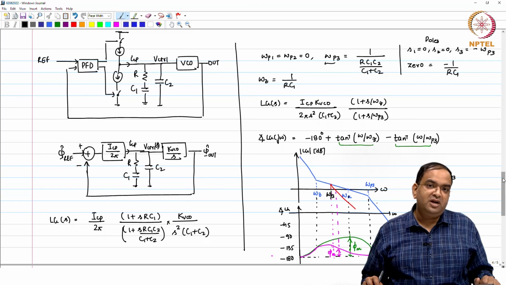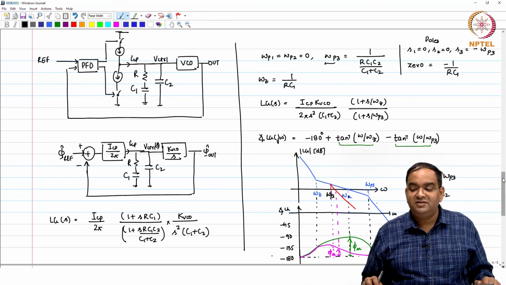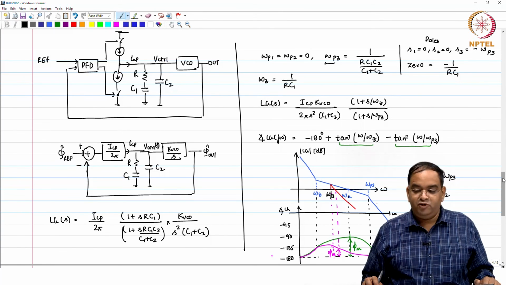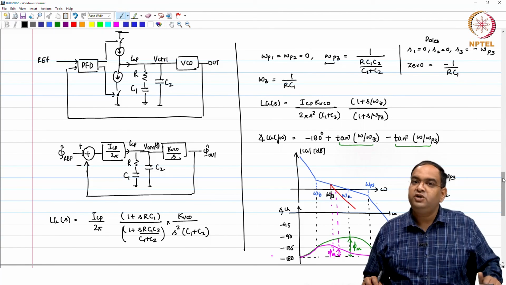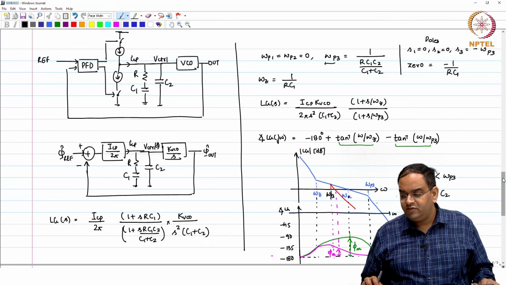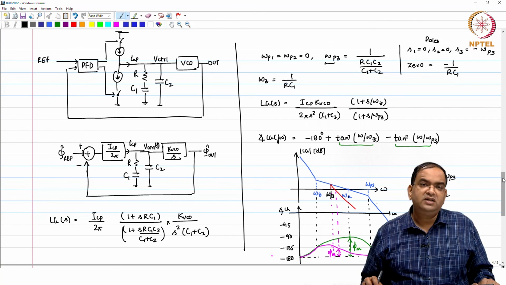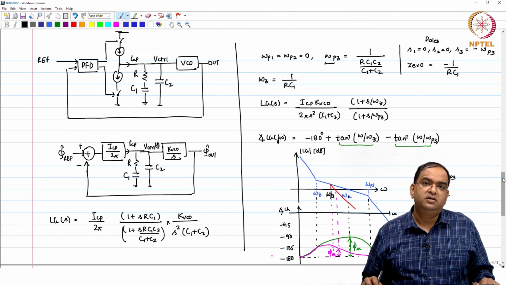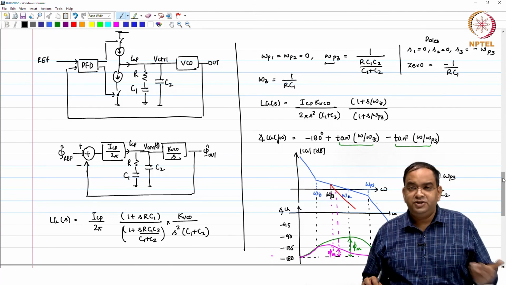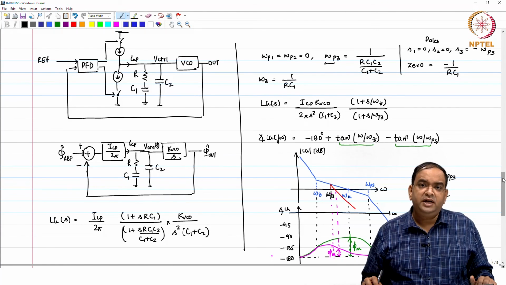Well, we will not have a PLL which is unstable. So, we will try to make it stable with desired phase margin. But if you do not pay attention, if you just use C2 with a very large value, then your phase margin is going, phase margin is not there, 0 and pole cancel out, right, and with no phase margin you will have unstable PLL.